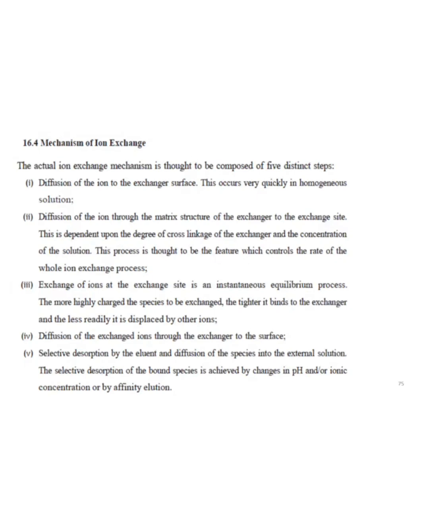And further, in the mechanism of ion exchange chromatography, you should know how the mechanism takes place inside the chromatography. When the mobile phase is introduced into the stationary phase, diffusion of the ions takes place at the surface of the stationary phase.